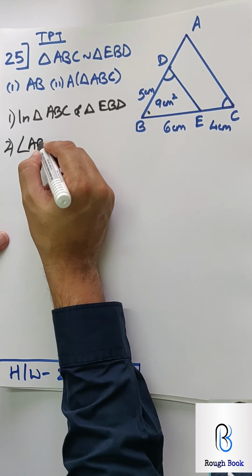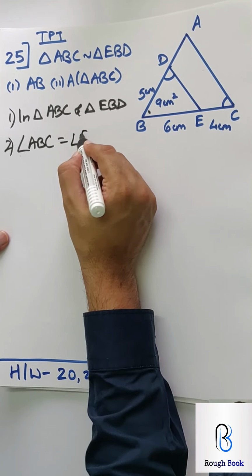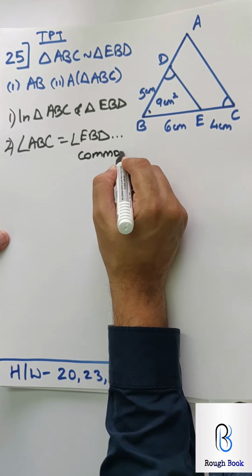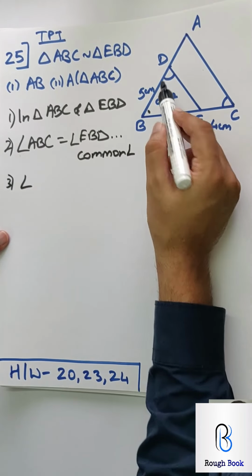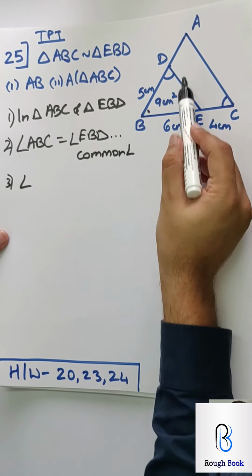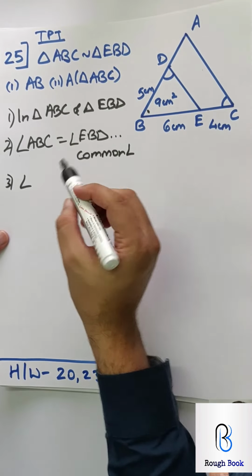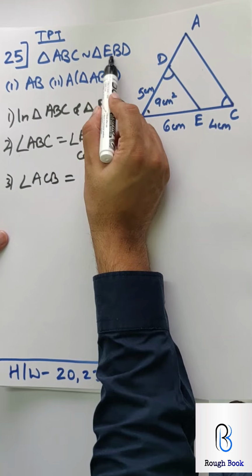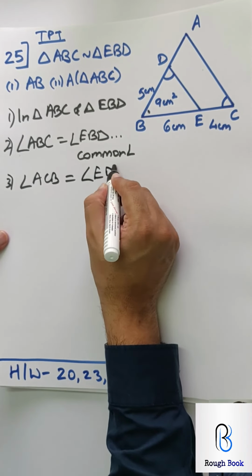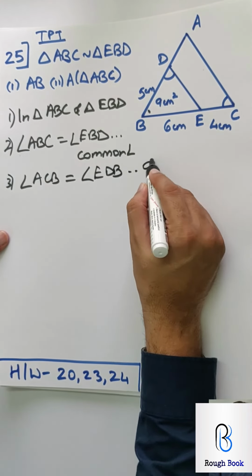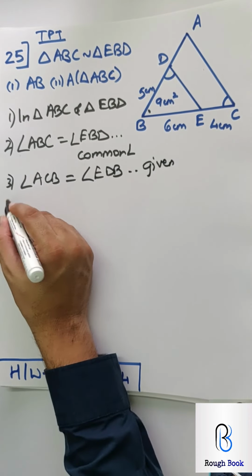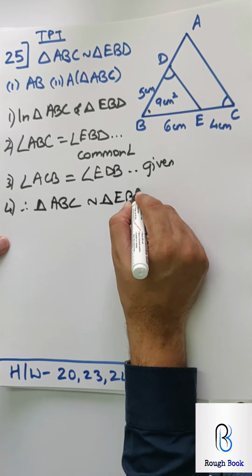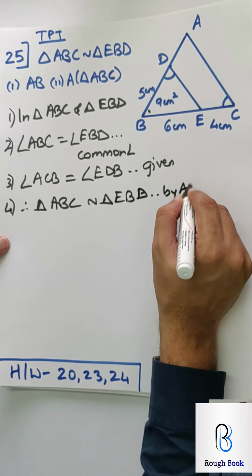Then angle ABC equals to EBD. Reason common angle. Further, angle this one now, that is in this triangle it is going to be ACB. So if I say first, last and second, ACB, so EDB, correct, and this is given, and therefore I get triangle ABC similar to EBD by AA test.